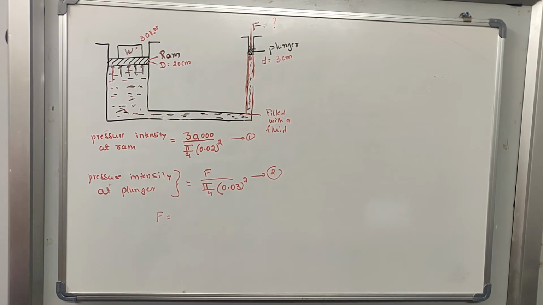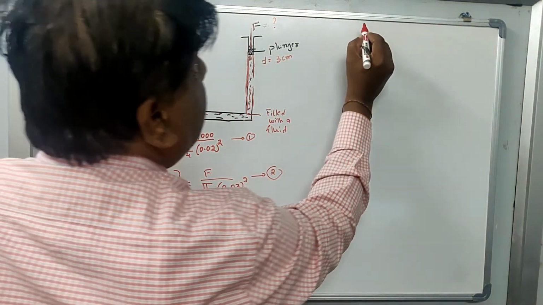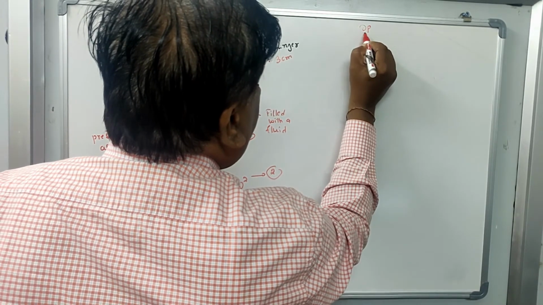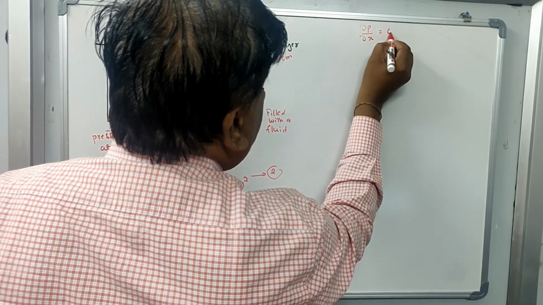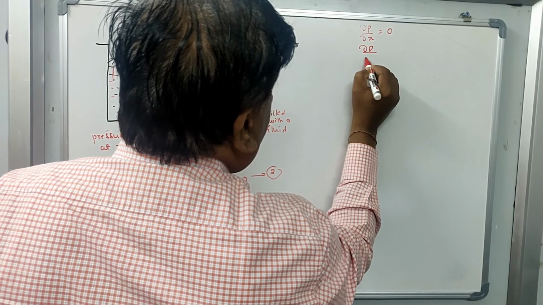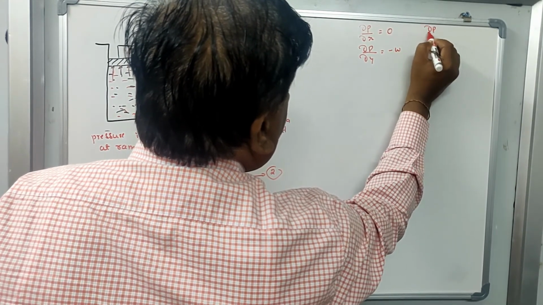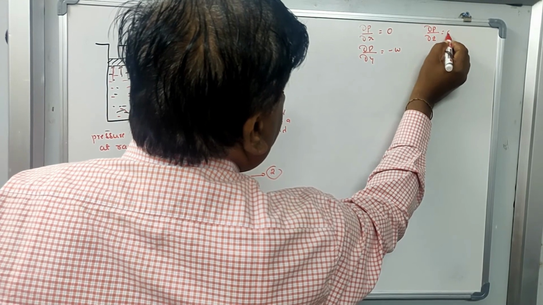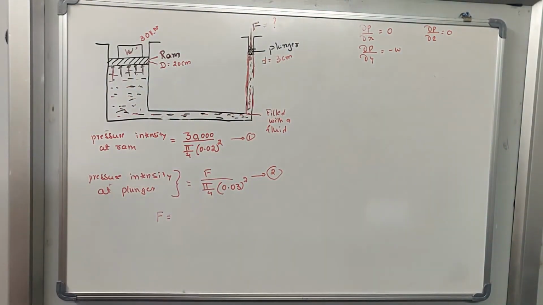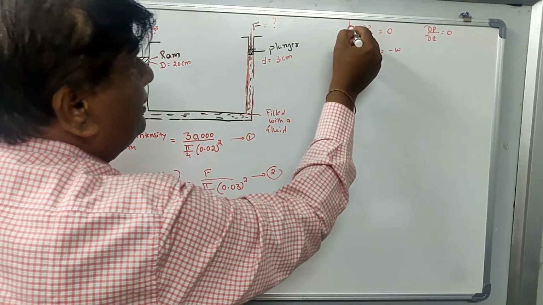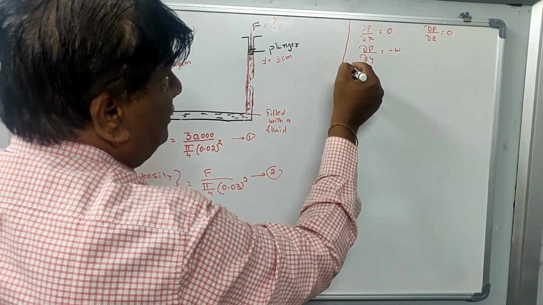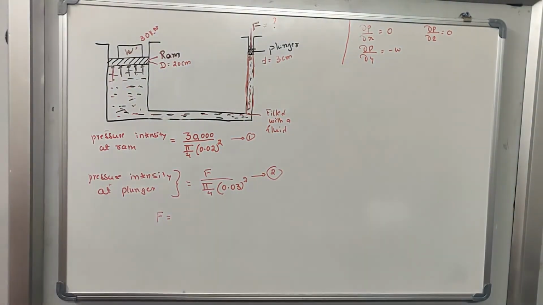Now we have also derived the pressure variation equation, that is the differential equation: delta P by delta x is equal to 0, delta P by delta y is equal to minus W, delta P by delta z is equal to 0. So this is the three-dimensional pressure variation when the fluid is under static condition.